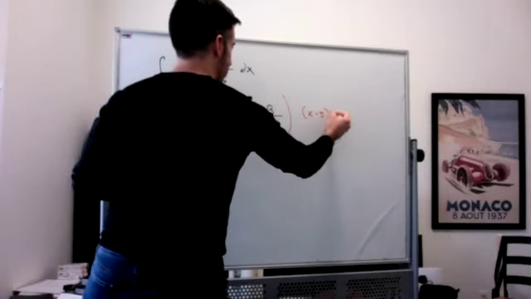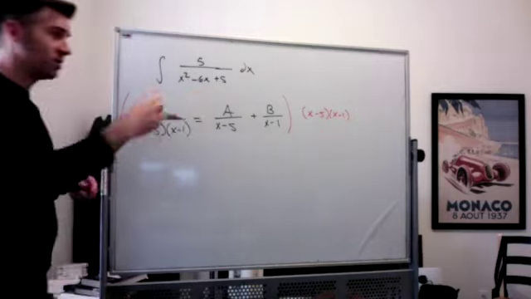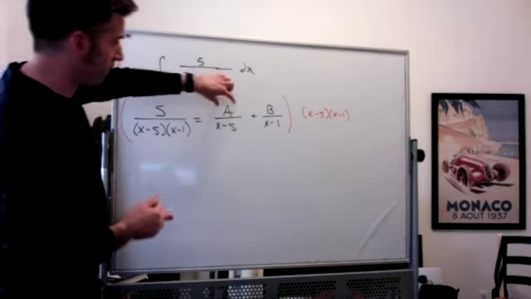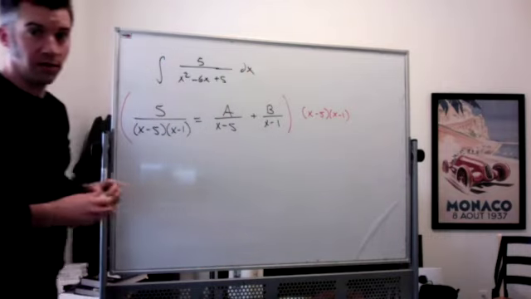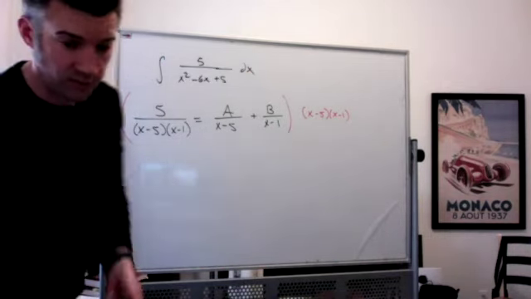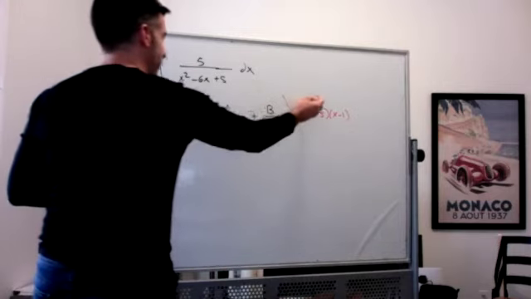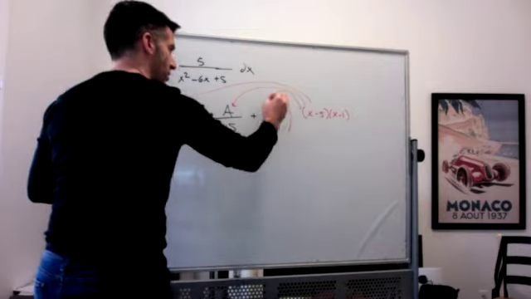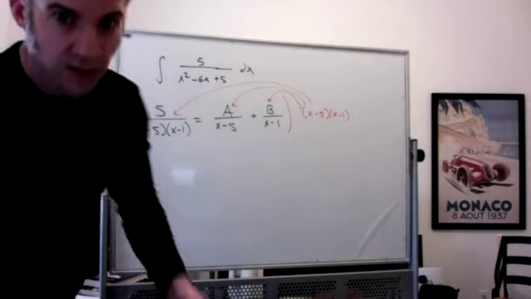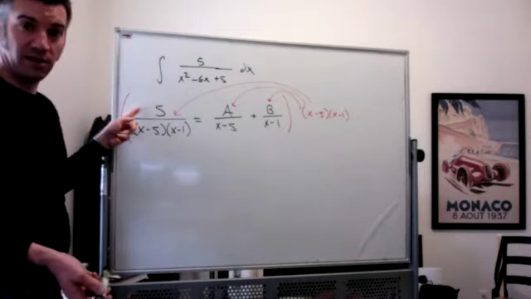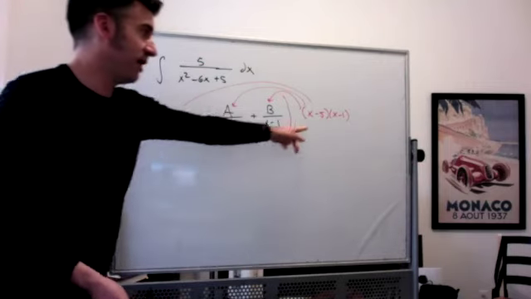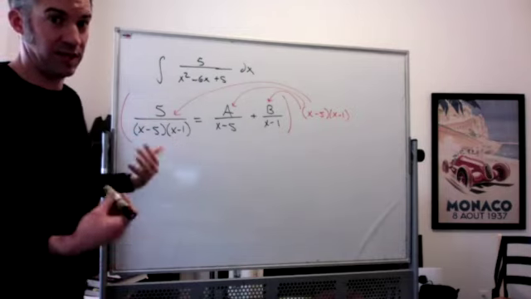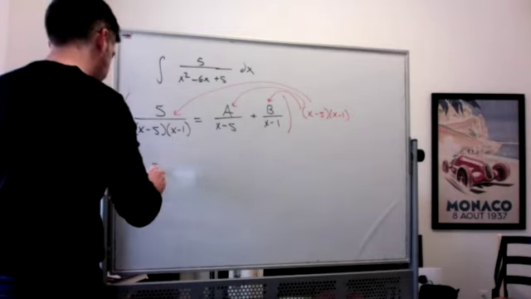The point, and again, the point always with these partial fractions decompositions is that we want to solve for these constants up here. And so the way we're going to do that is by getting rid of the denominators. So if I distribute this x minus 5 times x minus 1 to each of these 3 things, the left-hand side is always just going to be whatever this numerator is, because x minus 5 times x minus 1 times 5 over x minus 5 times x minus 1, the x minus 5 and x minus 1 cancel, you just get 5.